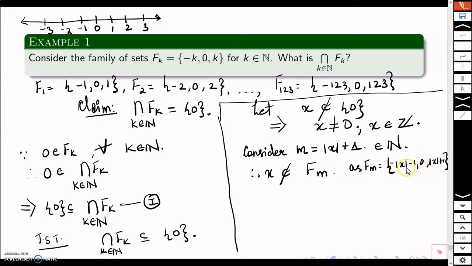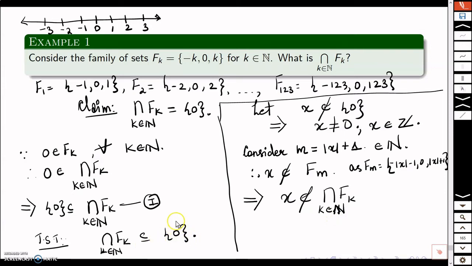So this can never be equal to x, no matter what non-zero value of x you pick up. That means we have found one natural number m such that x is not there in f_m, and if it is not there in at least one of the f_m's, this implies it cannot come in the intersection. That means x is not there in the intersection of all the f_k's where k is varying over delta, the set of natural numbers.